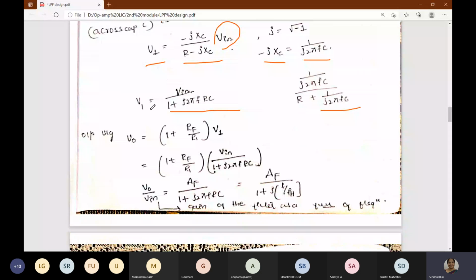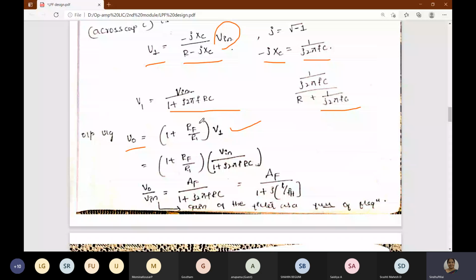So what is the output voltage? The output voltage is 1 plus RF by R1 into V1, because the input is given to the non-inverting terminal. The non-inverting gain is 1 plus RF by R1 into the voltage V1.